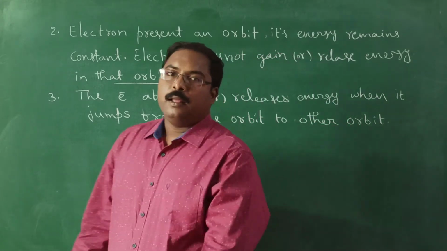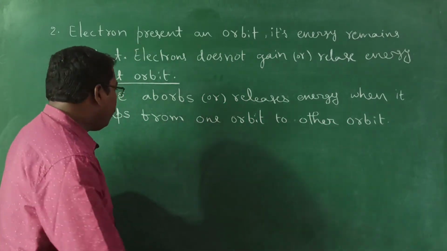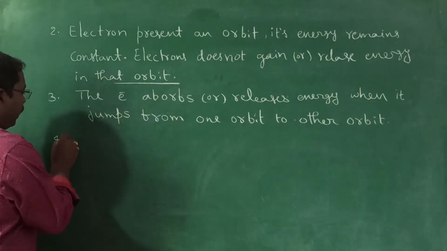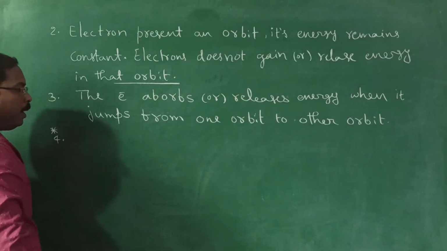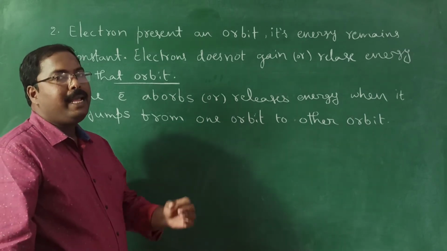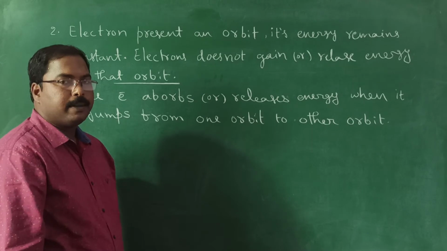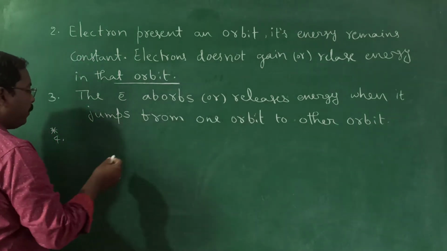Got it? Now, one more point what Bohr has given is, he gave a formula to calculate angular momentum of the electron. You have idea about momentum in physics. Now note down the statement.